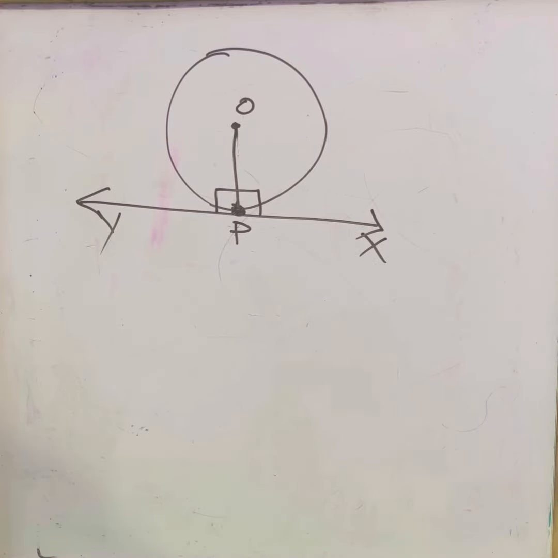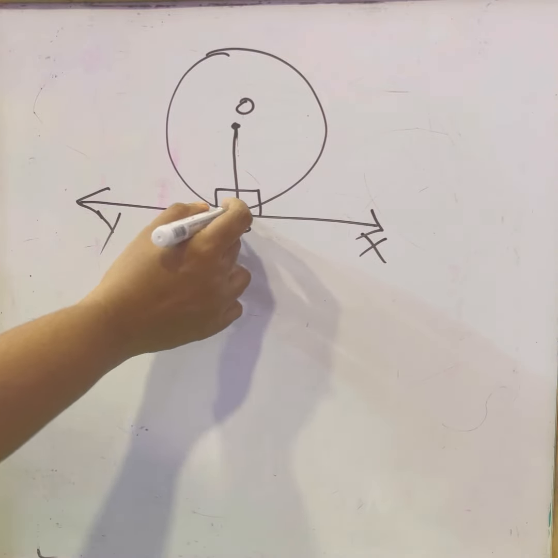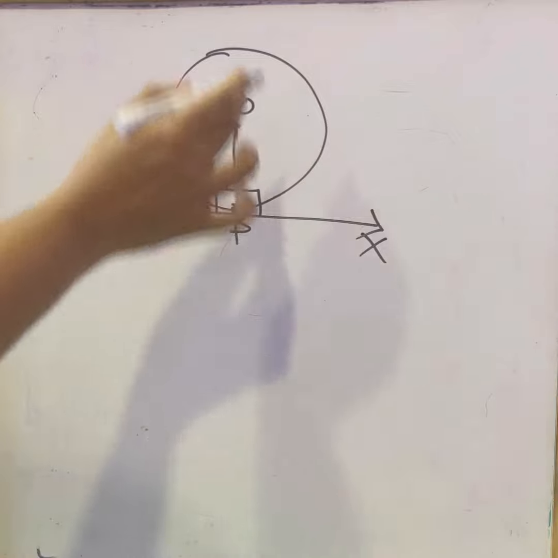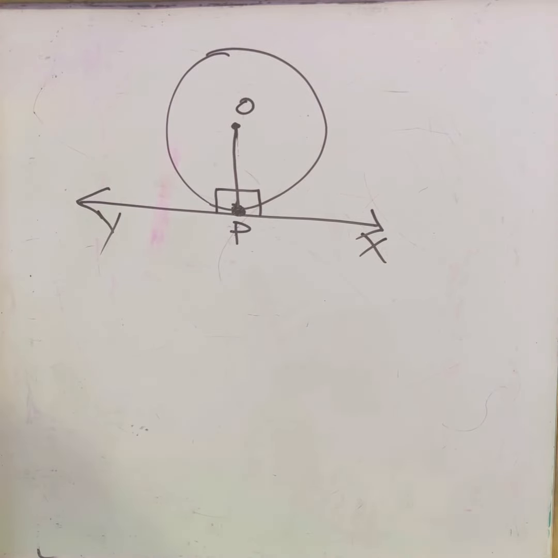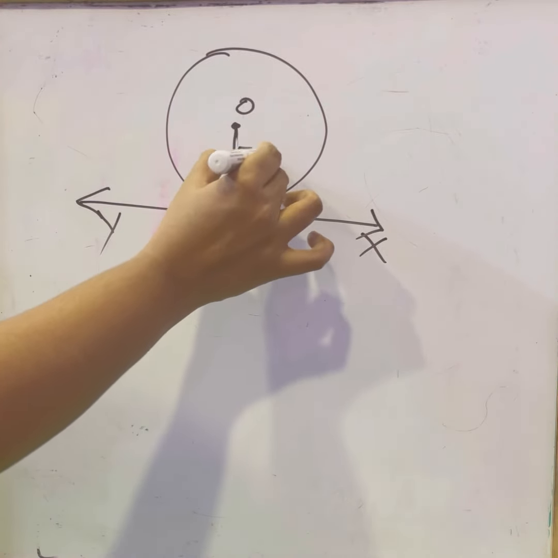Now coming to the third question in 10.1: a tangent PQ at a point P of a circle of radius 5 cm. That is, in a circle there is a point P through which a tangent is passing, and here the radius is 5 cm.